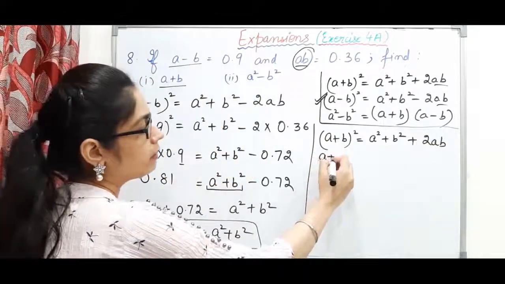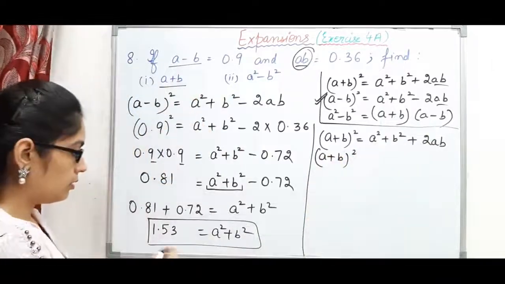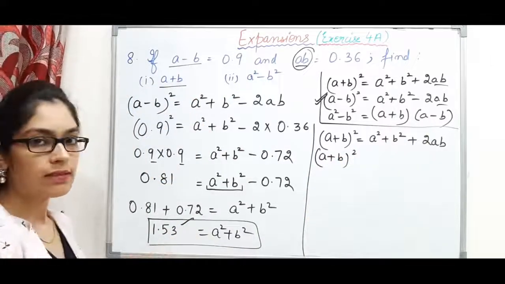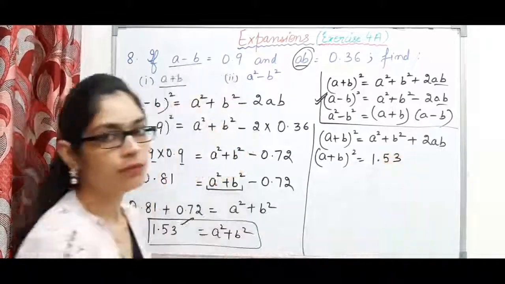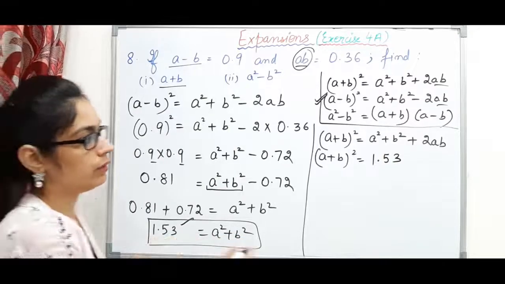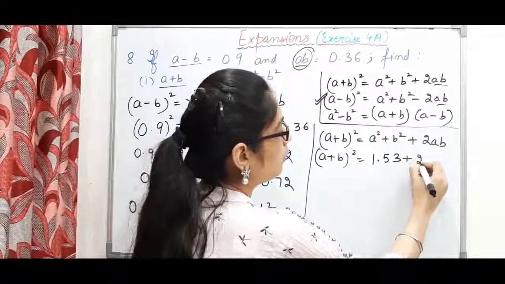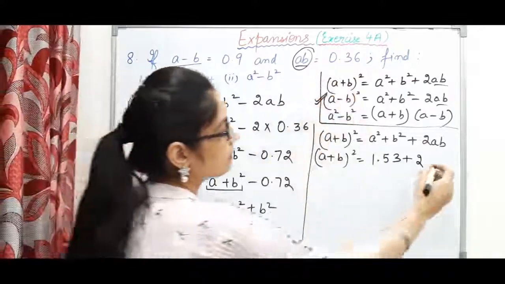This we have to find the value of. So as it is, we will write a square plus b square. Just now we have calculated that this is equal to 1.53. So we will substitute a square plus b square as 1.53, plus 2 into ab. ab is also given to us, 0.36.